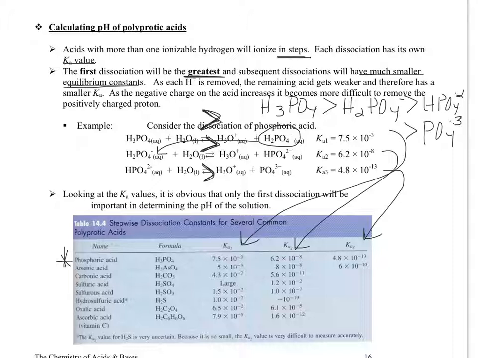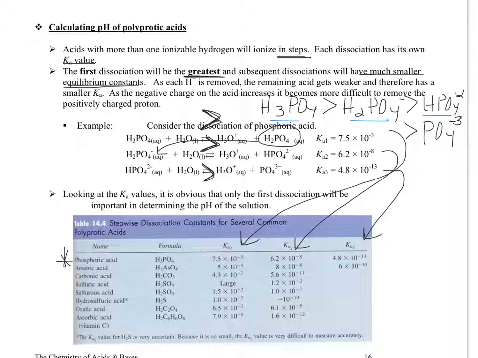So I have very little PO4 negative 3 in the end, and I still have quite a bit of H3PO4. But that would be the order of their concentration. So some H3PO4 breaks apart to make a little H2PO4, a little of that breaks apart, and then a little of that breaks apart. Okay?